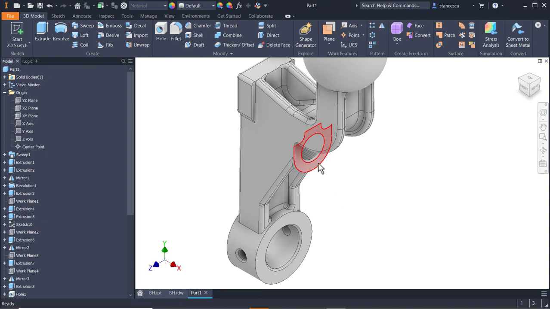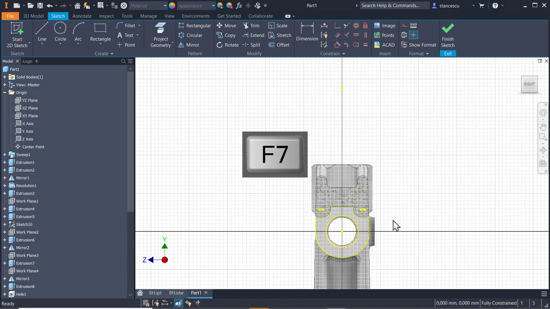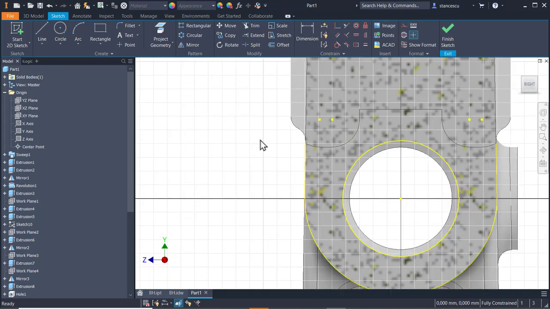We select this plane, F7, and now we make all this, not all, construction. Yes, and we draw a line from here to inside to this line.